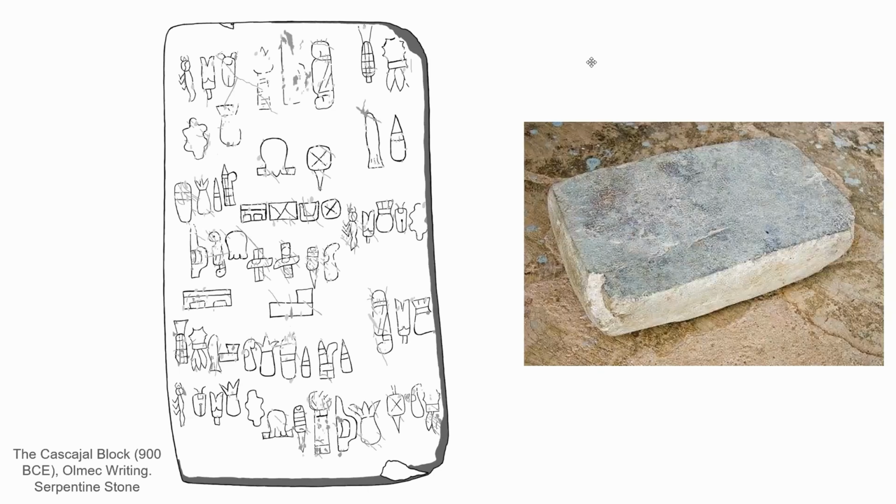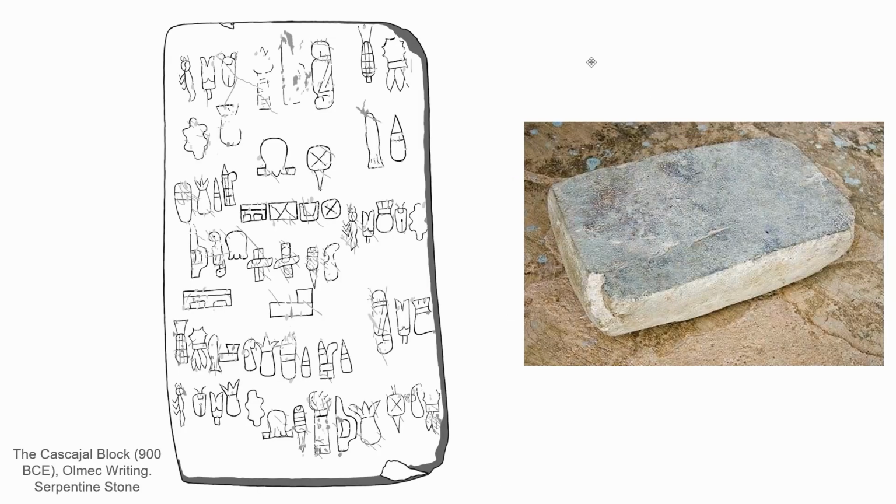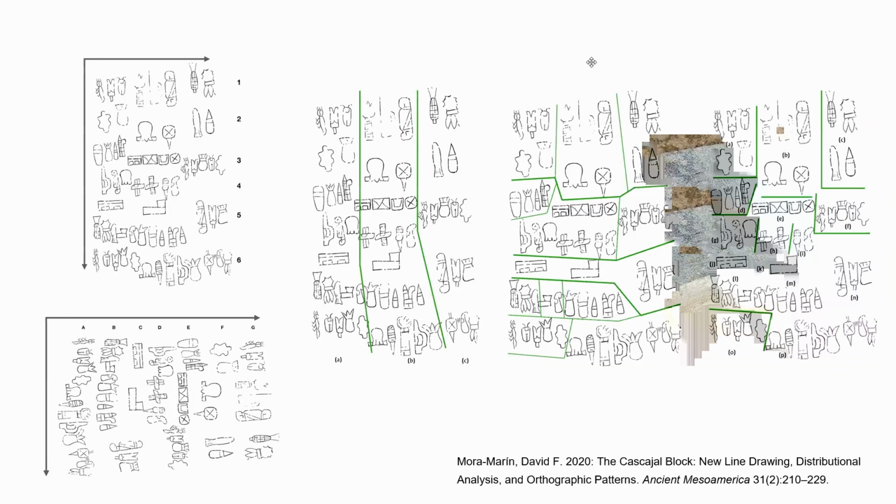We even have problems seeing structures here. And I compared different approaches here. David Mora-Marín in 2020 collected some previous approaches for the writing system, and the problem was, how do we see the text? That way or that way? You can turn it that way. So we have a comparison.